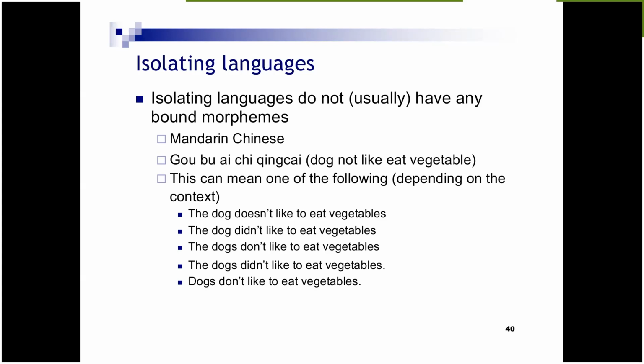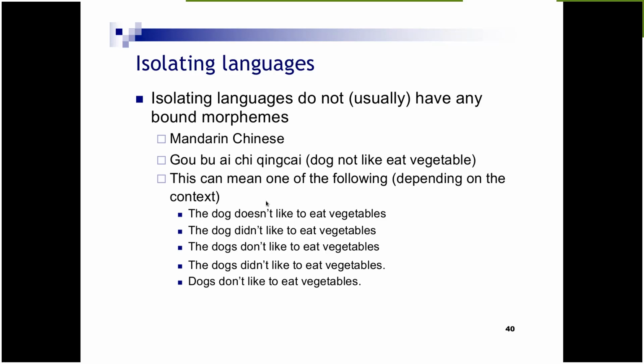So for example, here they have Mandarin Chinese. So you have this word, I don't know how to pronounce it. Each Chinese character is a semantic unit on its own, and they don't need any bound morphemes to make meaning. But this causes some ambiguity. It can mean several things.